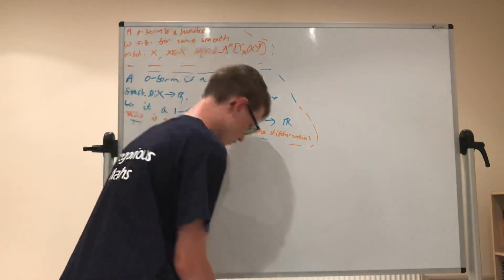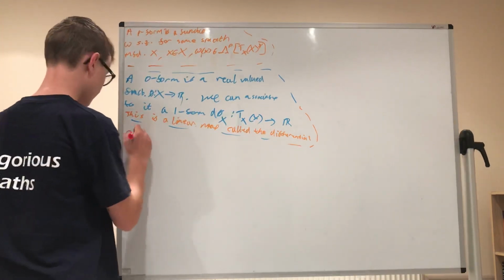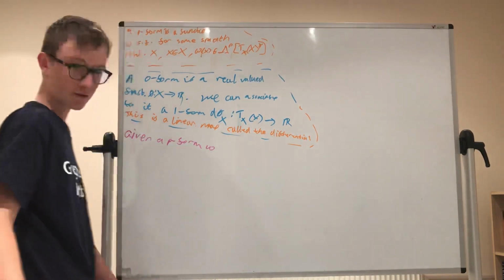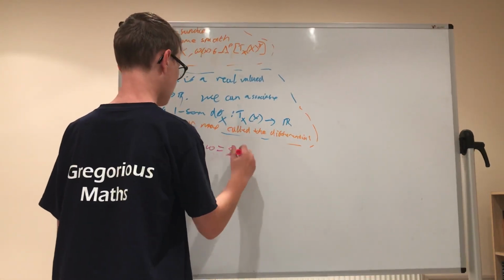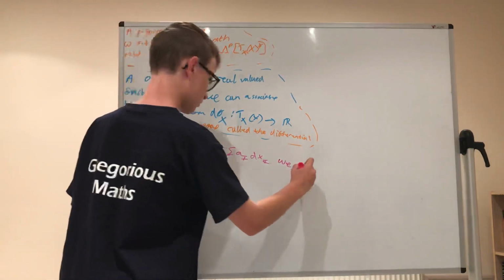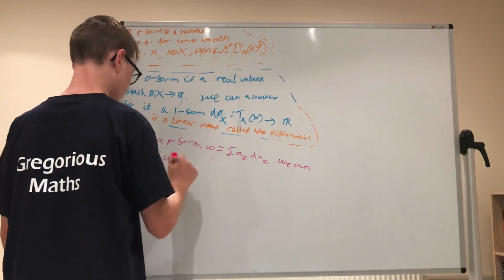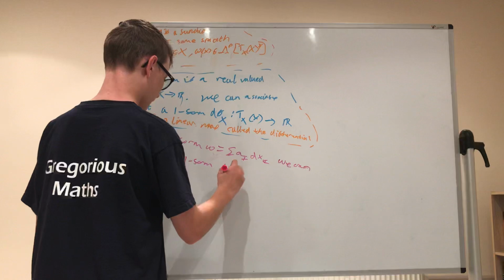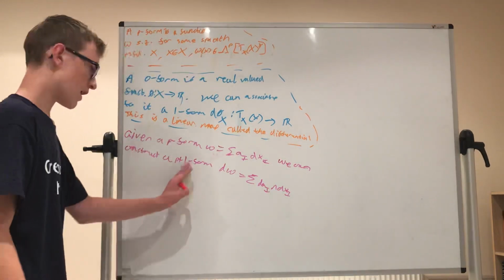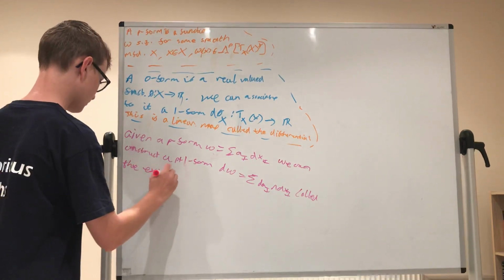So, definition. Given a p form omega, of the form the sum of a_I dx_I, we can construct a p plus 1 form d omega equal to the sum of da_I wedge dx_I, and this is called the exterior derivative.